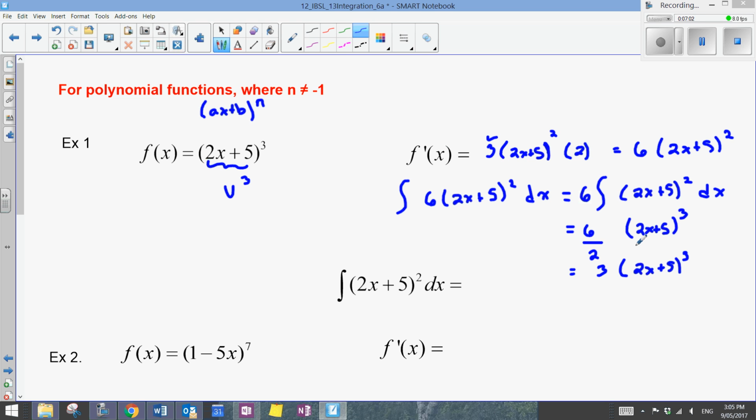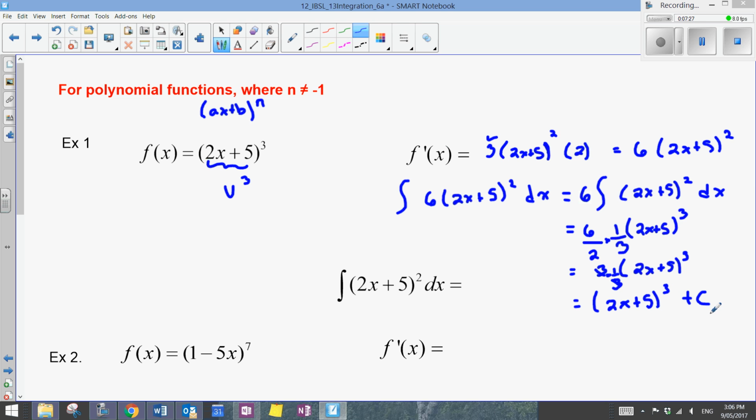So when I reverse the process, I also have to divide by the exponent. That means I also need to divide by 3, or multiply by 1/3, which would cancel out the 3. So I just wind up with 2x plus 5 to the third power plus a possible c.